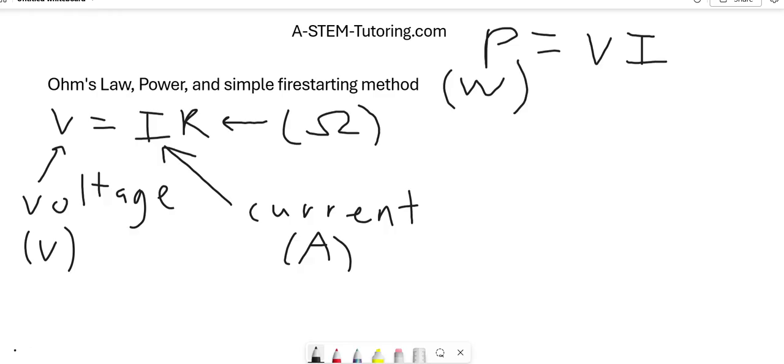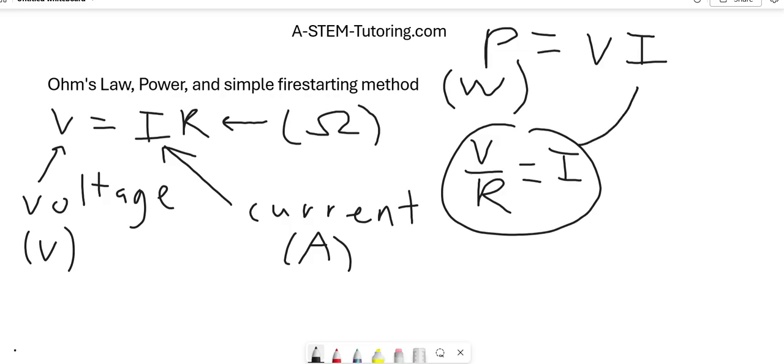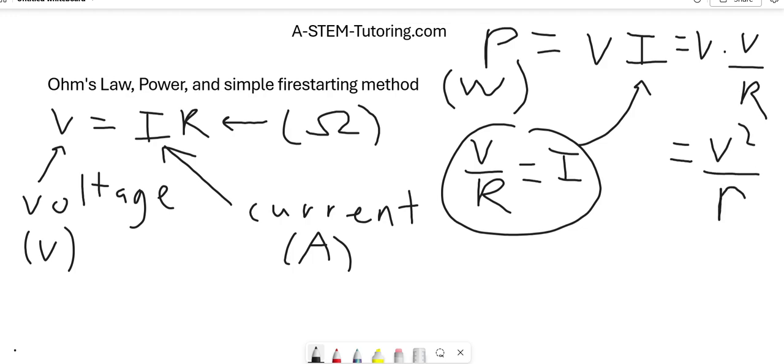Using this equation V equals IR, we can solve for I by dividing both sides by R. So we get V over R equals I. If I substitute this in here for I, then I get V times V over R, or V squared over R. So what is the implication of this? For a given voltage, if you lower the resistance in the circuit, you will get higher power output.